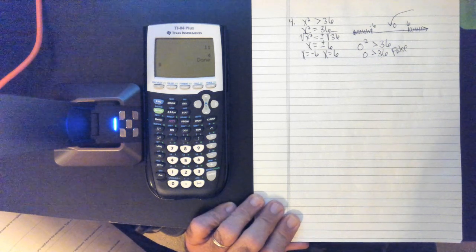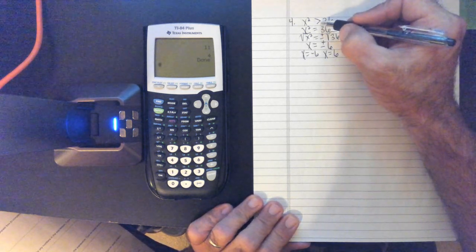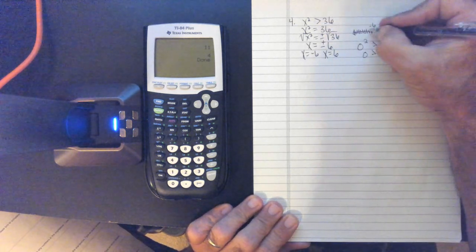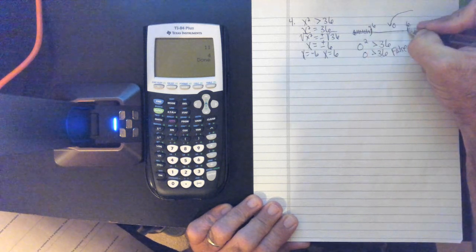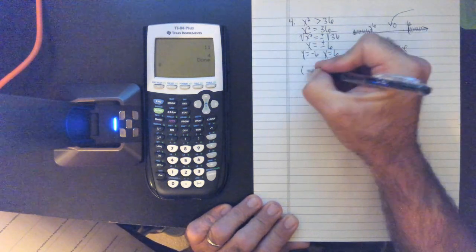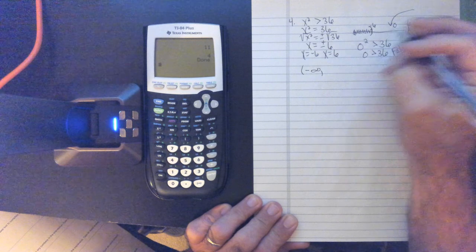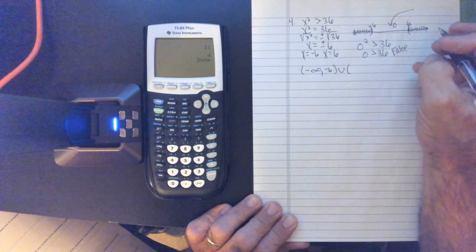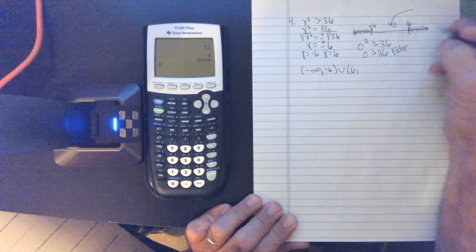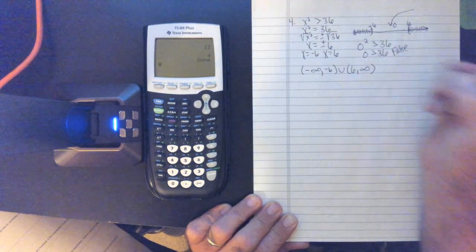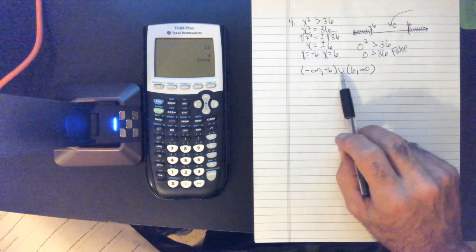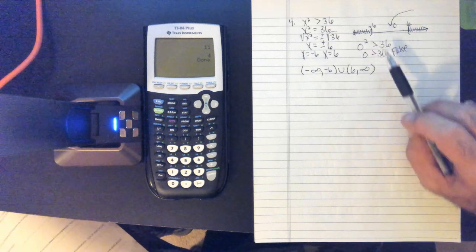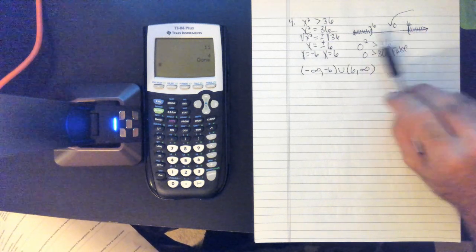Now look at this. Since there's no equal sign on this, it was just a greater than, I use curved parentheses. So I come in from negative infinity until I hit negative 6, union that from that 6 to positive infinity. So notice these answers got to have the same meaning as those number lines up there.